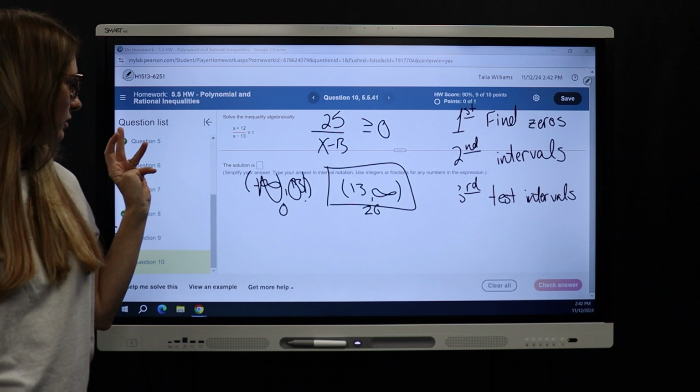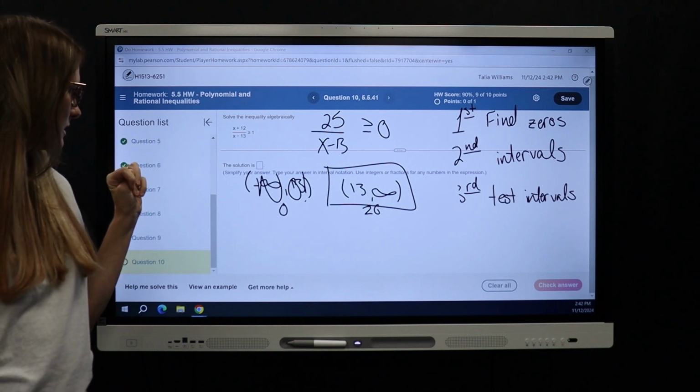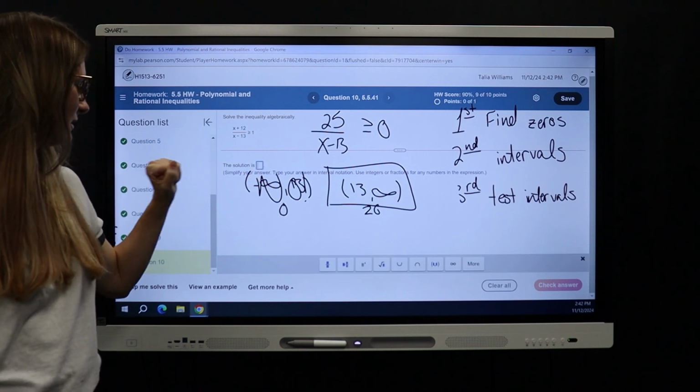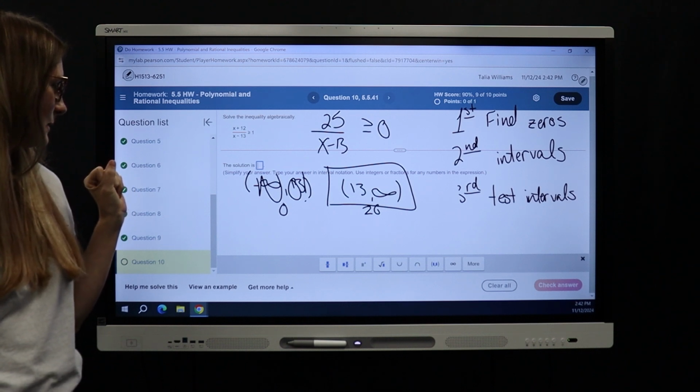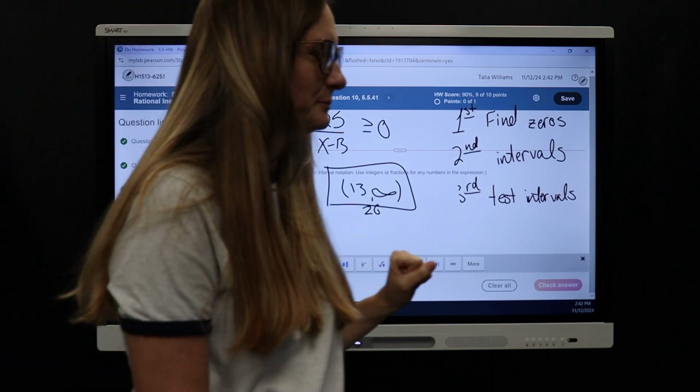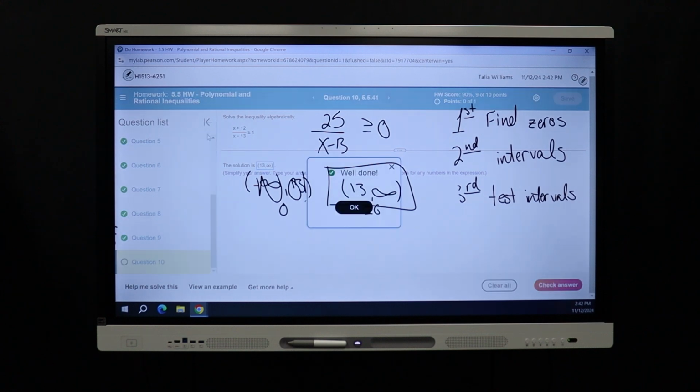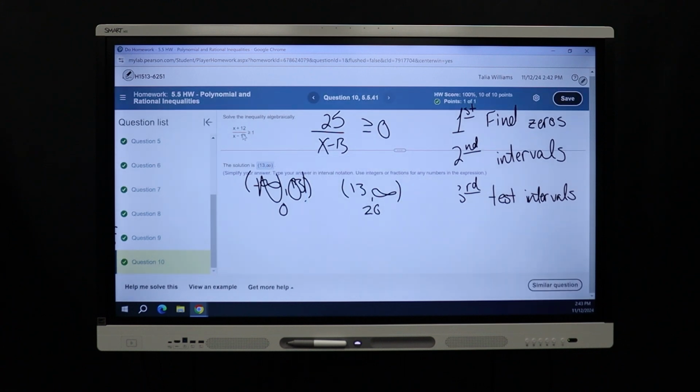Now what I want to tell you on this is that you can avoid doing all the math if you just pay attention to what this number is, just to get through this problem without doing the rational expressions, because we haven't done a lot of rational expressions.